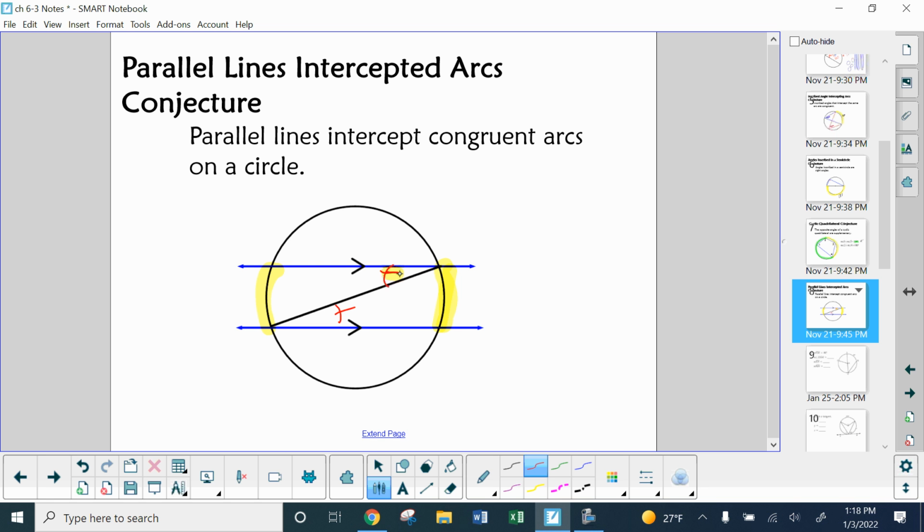Well, if these two angles are congruent and they're both inscribed, that means that the arcs are going to have to be congruent. If you want an example, if this is 40, then that means this angle has to be 40, which then would make my arc what? 80 and 80. It gets worse as the day goes on. There we go. 80 and 80.